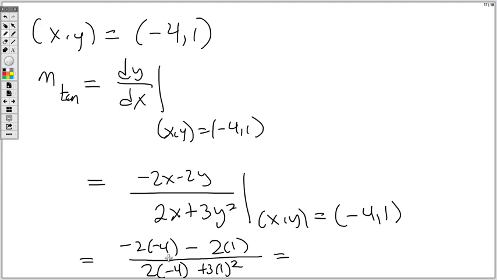Be careful, not negative 10. But yeah, because this gives us a what? Yes, that would be a 6, and then the denominator, get a what? Negative 5. So negative 6/5 for that slope.